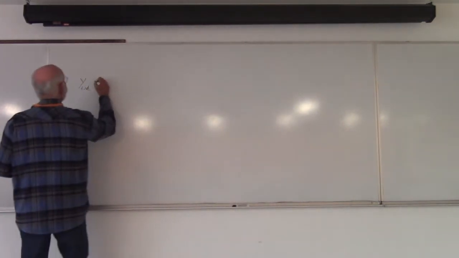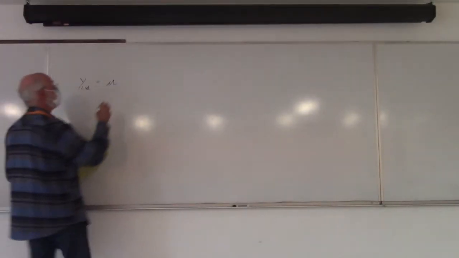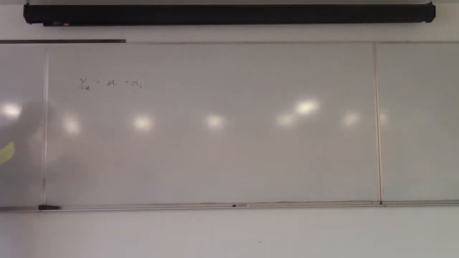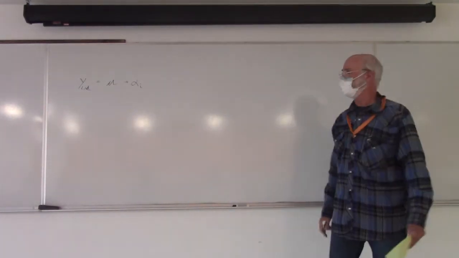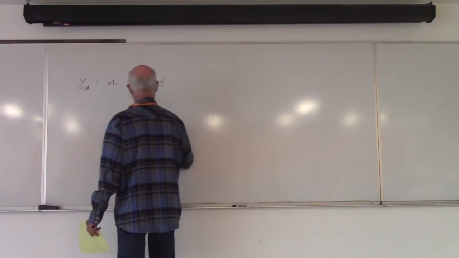So Yijk is going to be equal to mu, which is our overall mean, plus alpha i, which is our treatment effect for spray, plus there's going to be this variation that's associated with the experimental unit. So we're going to have to add beta.